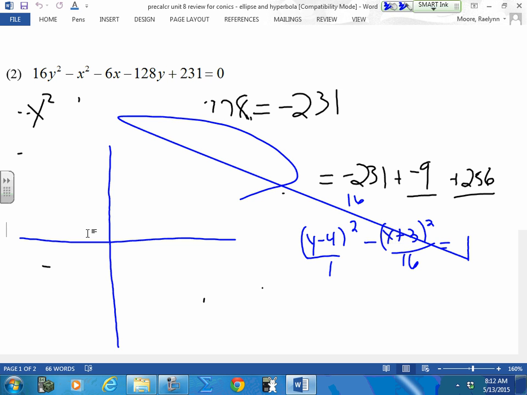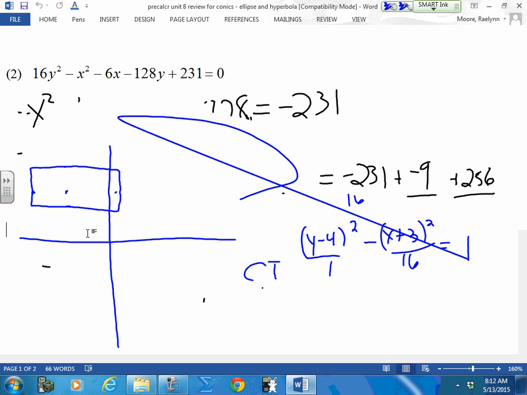You start with your center, that -3/4. Do I have to write it down? No. Whenever you like to. Square root of 16 got 4.